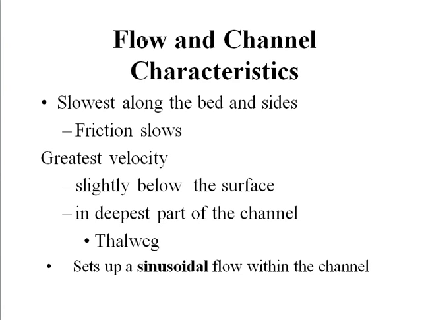The greatest velocity is below the surface in the deepest part of the channel. Because there is variability in the flow velocity within the stream, it sets up what's called a sinusoidal flow, or almost a spiral curving flow of water within the channel itself.